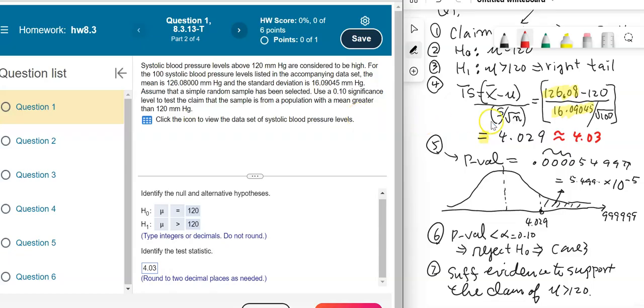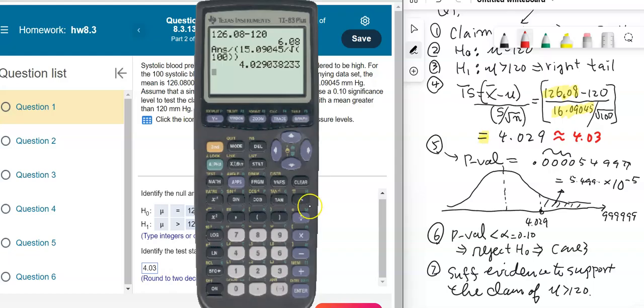Test statistic. No. Let's try this again. Okay, clear. Let's do it again.